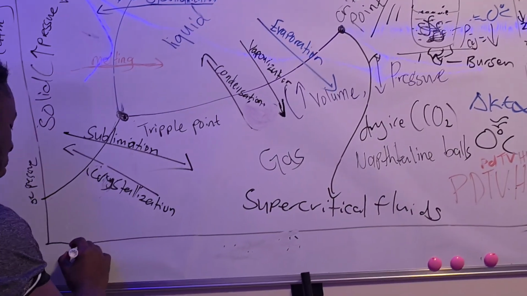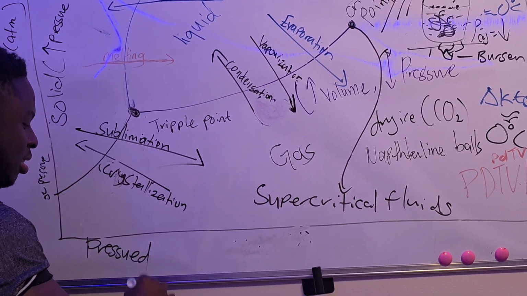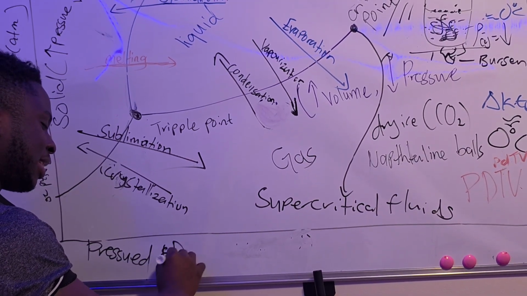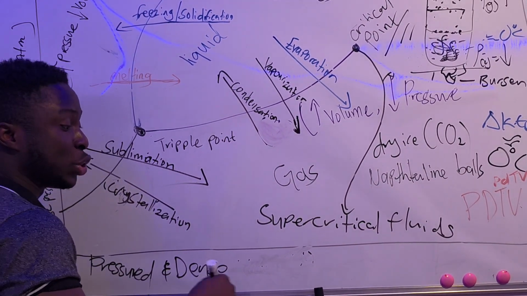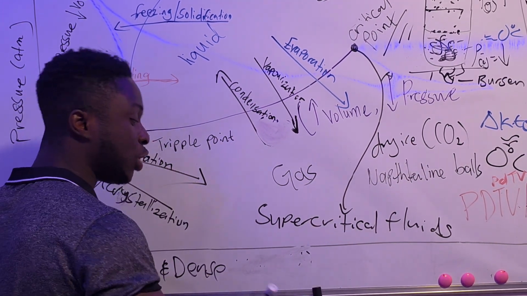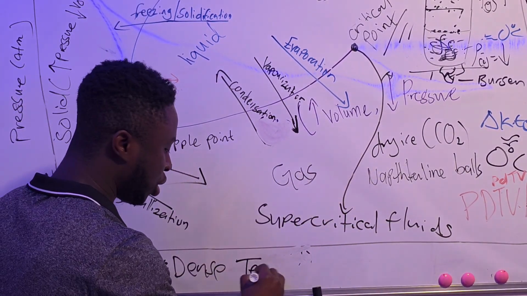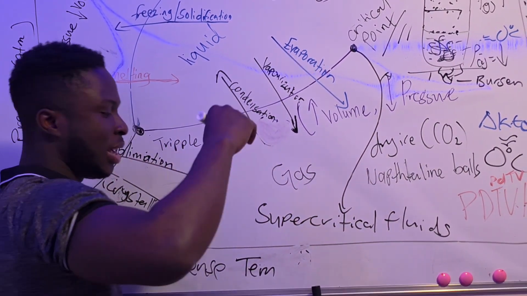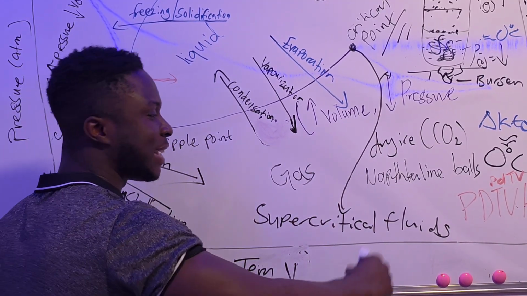It says that when I'm feeling pressured and dense, all I want to do, that is just to make a sentence, is to watch TV, which is temperature, T, and then V, which is the volume, all day and get hugs.